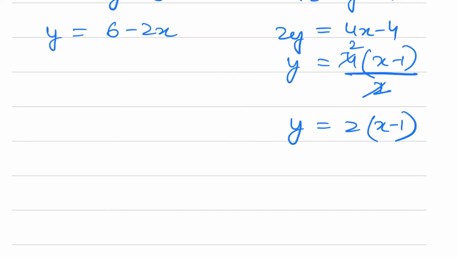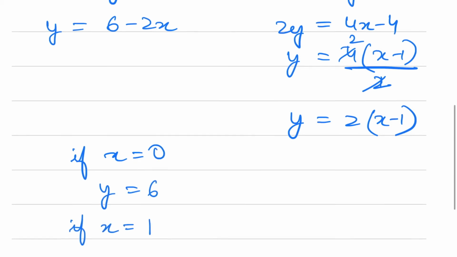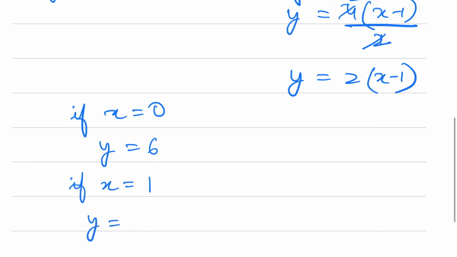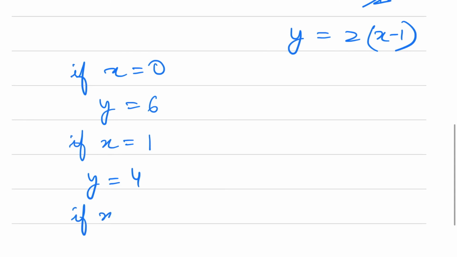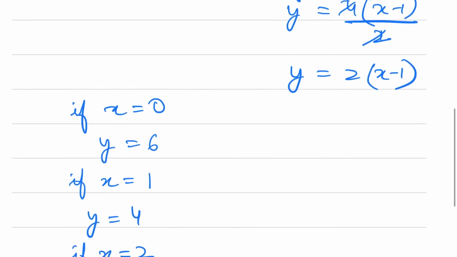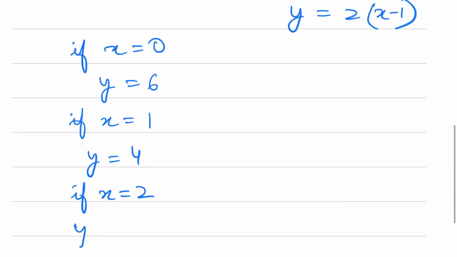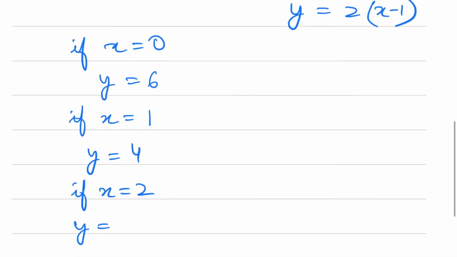So in this equation, if x is equal to 0, then y would be equal to 6. If x is equal to 1, then y would be equal to 6 minus 2, so 4. And if x is equal to 2, then y would be equal to 6 minus 4, so 2.